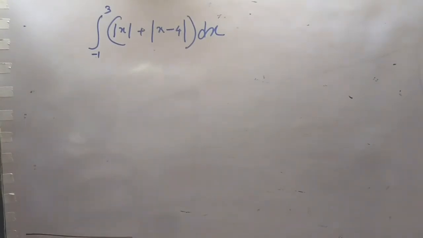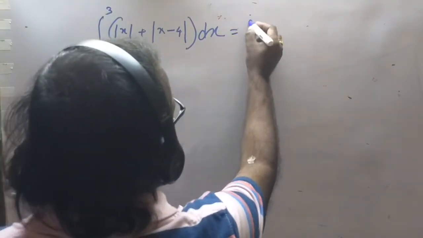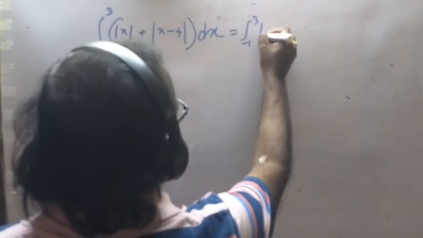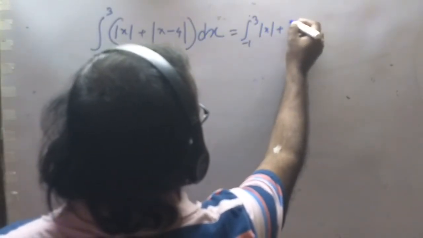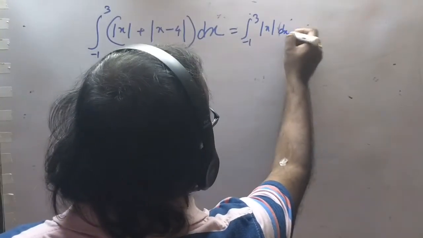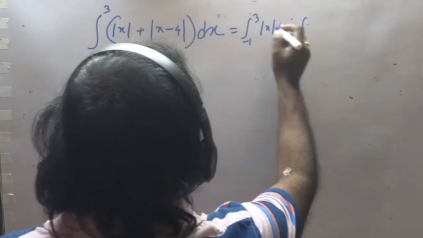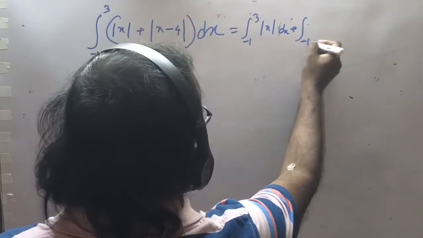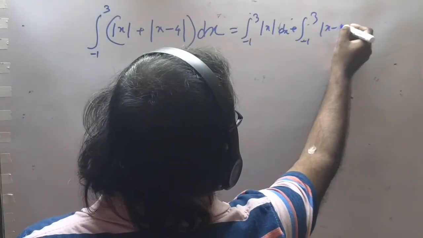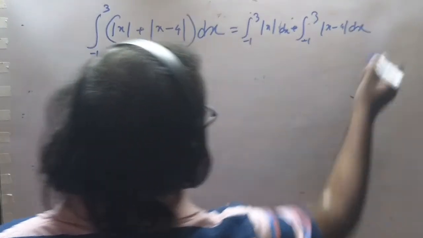Okay, so simplify this integral into two parts: minus 1 to 3 mod x dx, and minus 1 to 3 mod of x minus 4 dx.